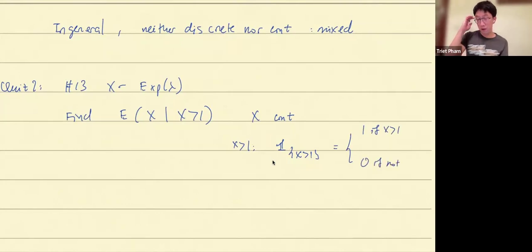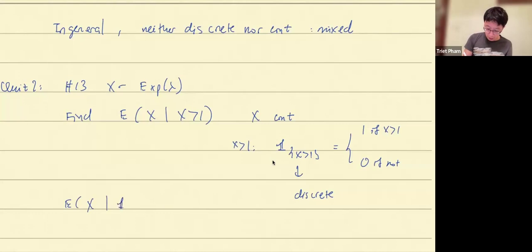We've seen this before in the previous chapter, though the notation has changed here because this is an event associated with a random variable. So this random variable is a Bernoulli type, so it's discrete. So here you're asked to compute the expectation of a continuous random variable conditioned on a discrete random variable taking on a value.